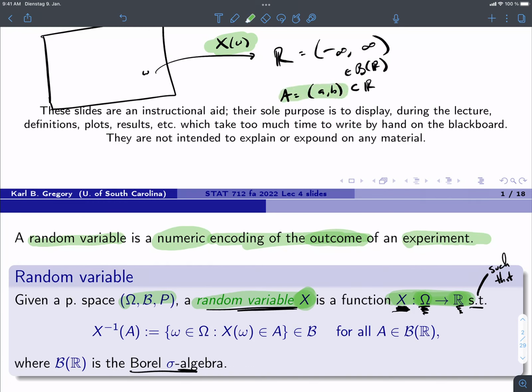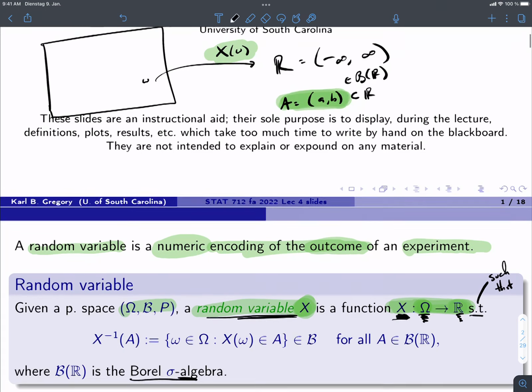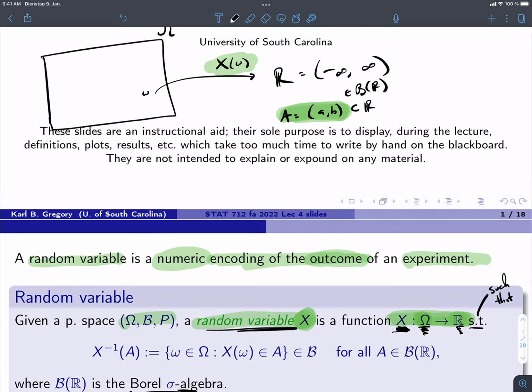If I have some interval, let's just say A to B, then x inverse of the set A to B is like all the omega which x carries to the interval AB.